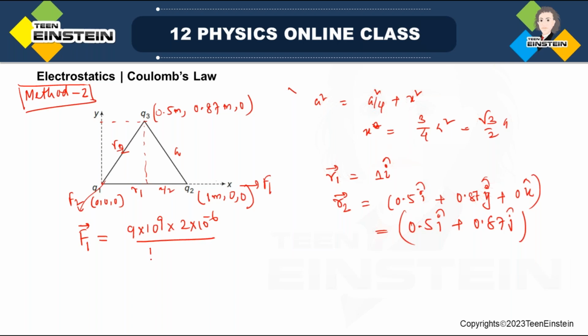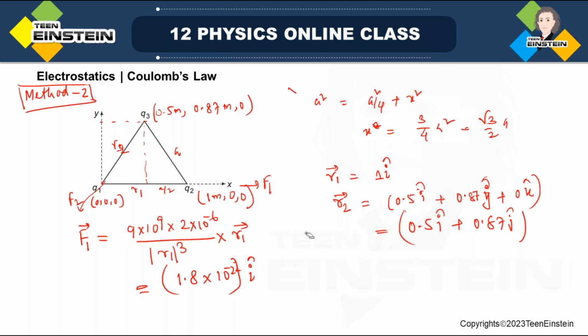So this will be R1 cube into R1 vector, where R1 cube is 1 meter, so this is anyway 1. So this gives you this much Newton, along R1, which is along the I cap direction.